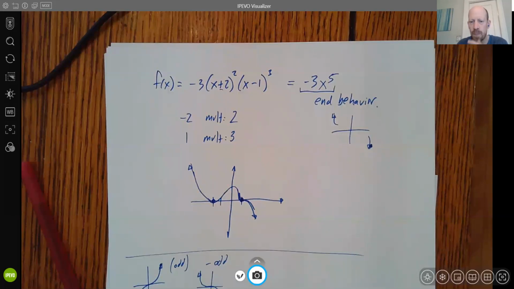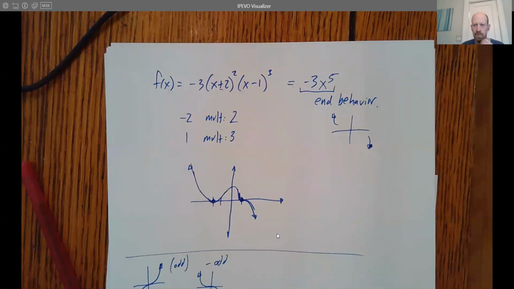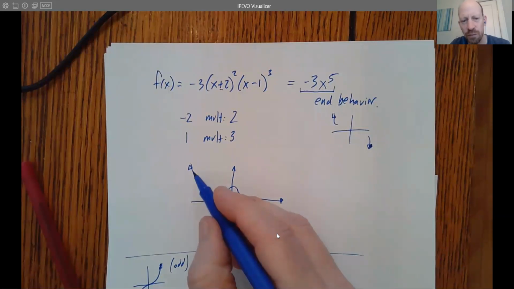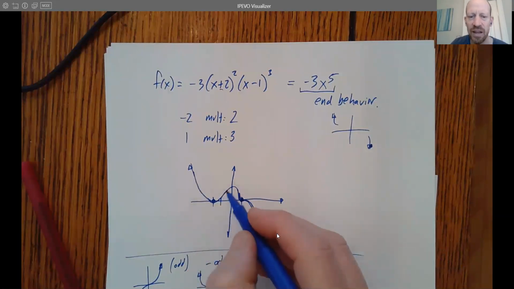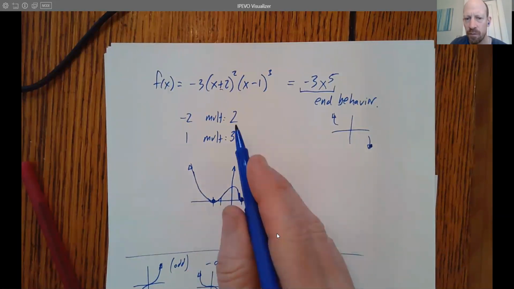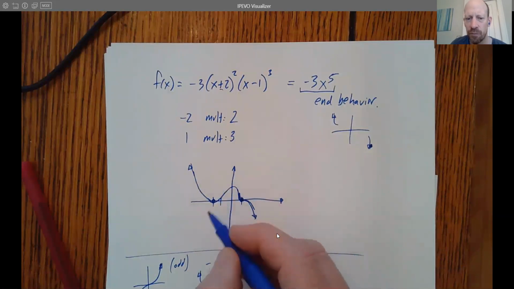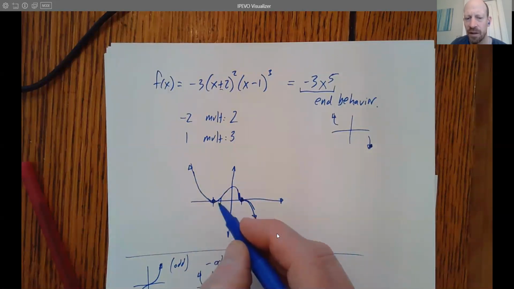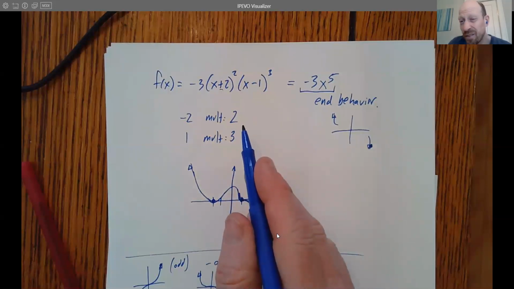Another question: when you have multiplicity 2, how do you know whether you go up or down? It just depends where you come from. Since this one I came from the top, it's going to stay on the top. That's the multiplicity 2. The last one I came from the bottom and it stayed on the bottom. So just from the multiplicity, I don't know.